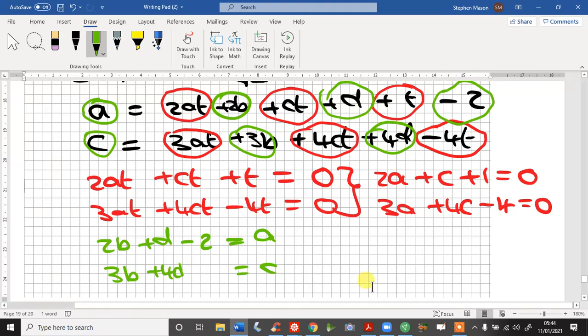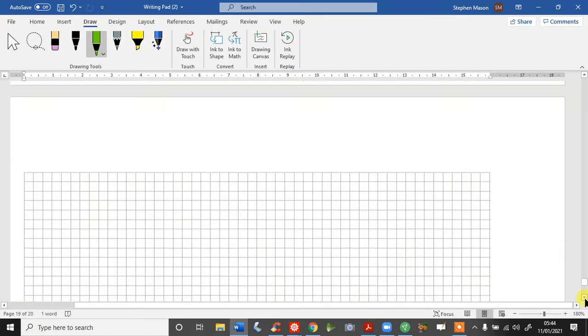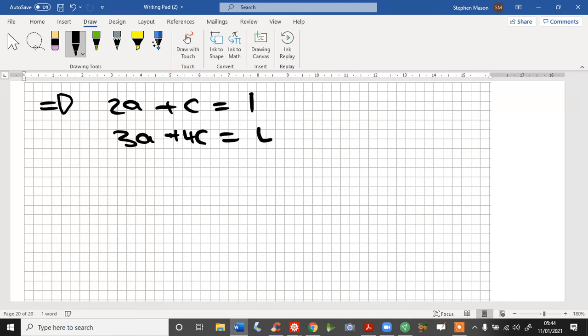So we've got two sets of simultaneous equations, and I'll write those down more fully. So we've got 2a plus c equals 1, and 3a plus 4c equals 4. Actually, that's a minus 1.